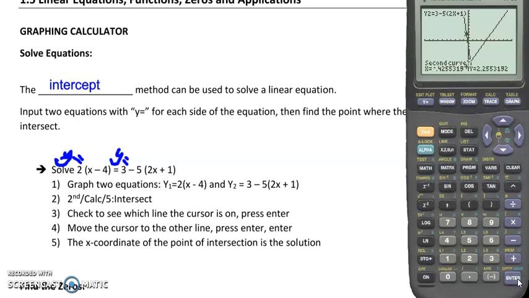So you have said, I'm looking for the intersection of this line, and now you're going to select the other. Now notice that on my screen, that cursor automatically moved to the other line. Make sure that it did on yours. If it didn't, you can use your arrow keys to get it to move over to that other line. Once you're sure that it's on the second line that you're looking at, hit enter.